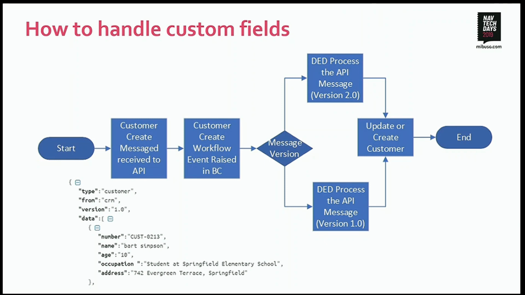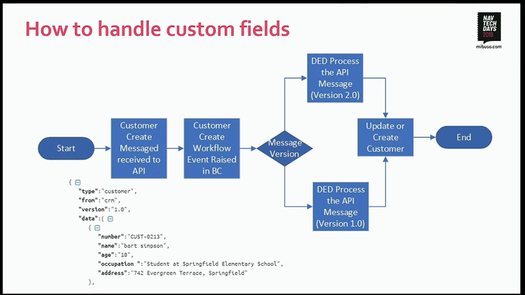Based on the message version and message type, we decide which data exchange definition we want to use. So if the message type comes as 2.0 from the customer, then we know which workflow we need to trigger. The workflow says, okay, the message is 2.0, that means it has 3 fields.